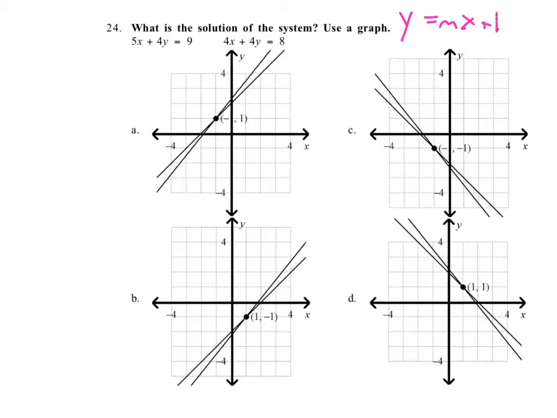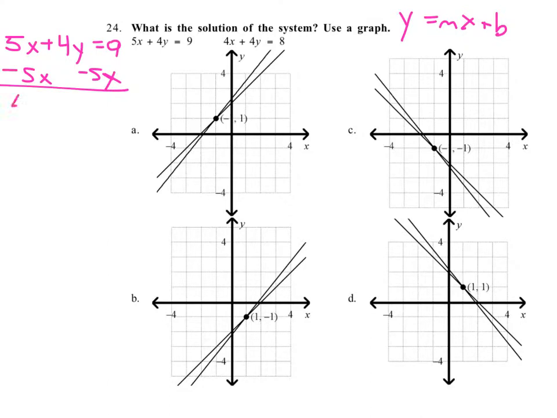Sorry about that. I have controls that you can't see, and I'm trying to avoid them when I write. Okay, so let's solve this for this first one: 5x plus 4y equals 9. The first thing I want to do is get everything that's not one of the y's off of that side. So how do I do that? I subtract the 5x away from both sides.